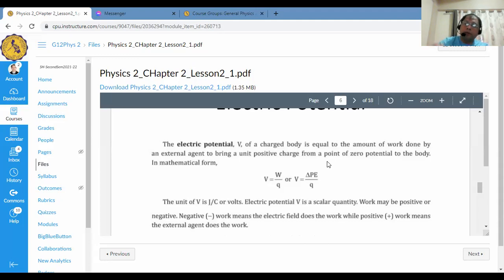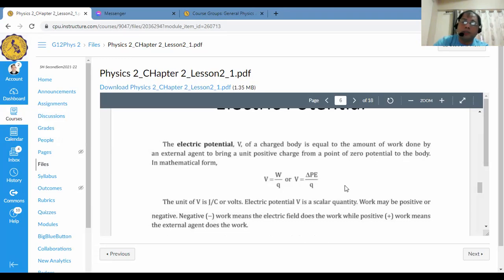So if a ball is placed at the top of a table and I am going to lift it up, you notice that I change its potential energy. So delta PE, or change in the potential energy, means you will be performing some sort of work to transfer the object from the top of the table to a higher location.